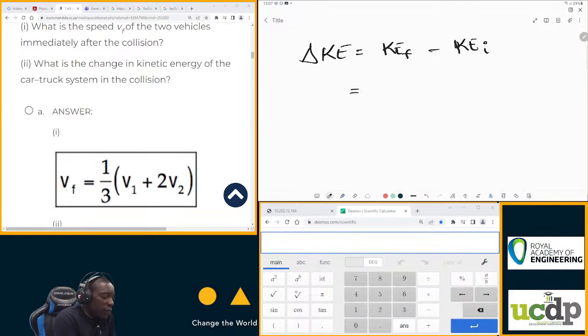So the final kinetic energy is half times the total mass, m plus 2m is 3m, multiplied by Vf squared. The velocity of the two bodies there is Vf, so we have half mv squared, minus the initial kinetic energy, which will be the sum of the individual kinetic energies of the two cars.